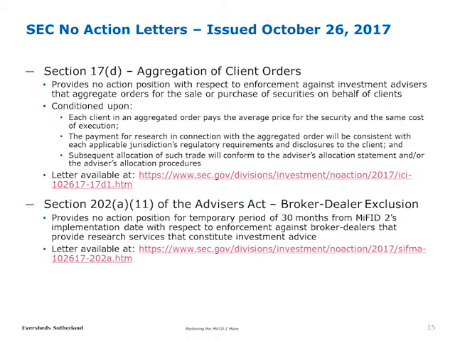As I said, investment advisors may continue after January to aggregate orders, but it's important to recognize that only investment advisors that are subject to MiFID II, either directly or contractually, can rely on that particular letter. I'm going to make some quick observations here before we move on to Meltem and Ray to talk about the way that MiFID II impacts derivatives.